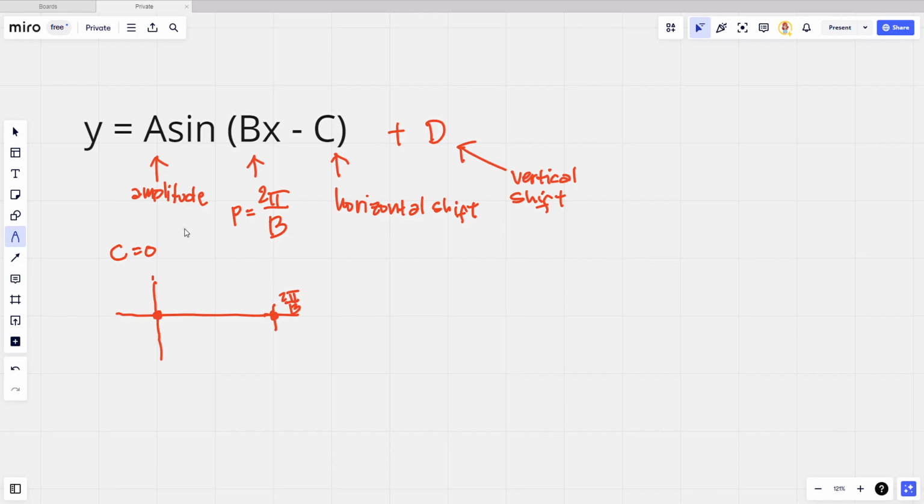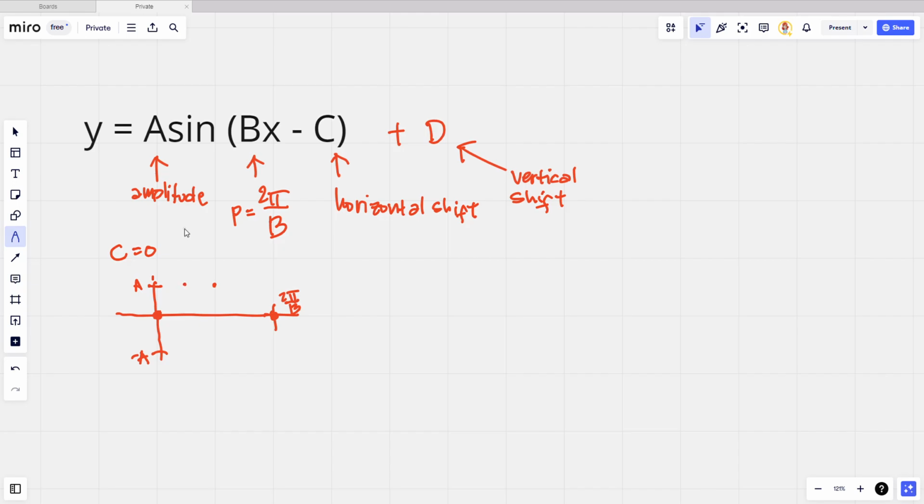So again, our amplitude indicates how high or how low. So let's say this is our amplitude, the distance from the center or the midline to the lowest point and to the highest point is a. So meaning the highest point is here.